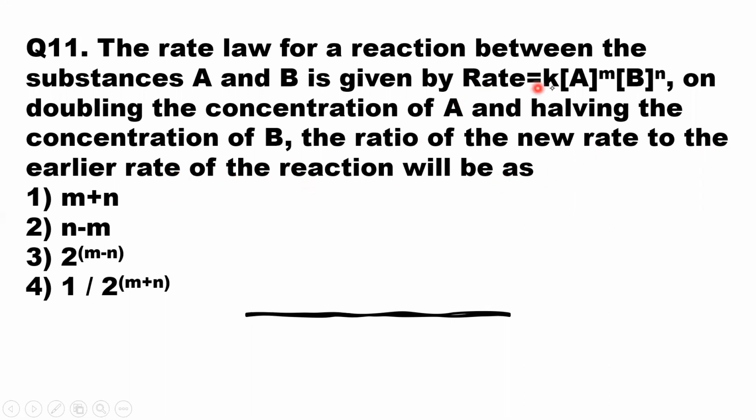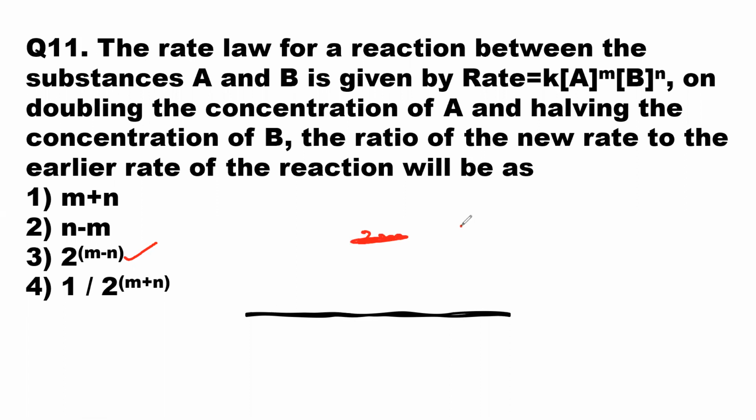So doubling the concentration of A means it becomes 2 to the power m, it is increasing 2 times. And halving the concentration of B means 2 to the power minus n. So this becomes 2 power m minus n. So the answer is 2 power m minus n. Why?